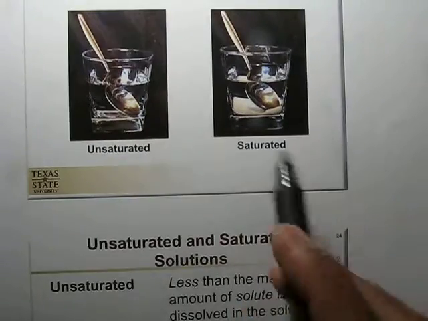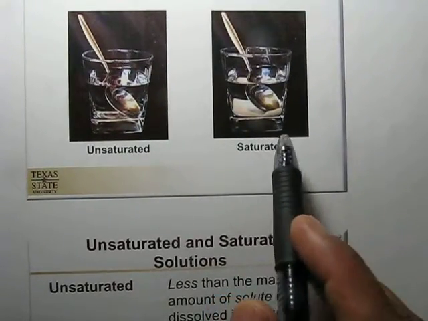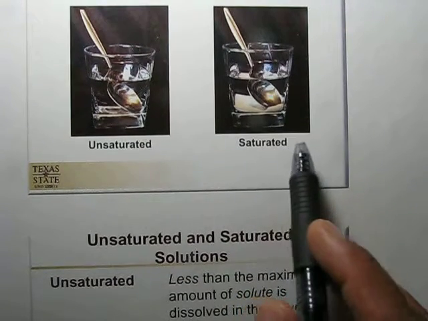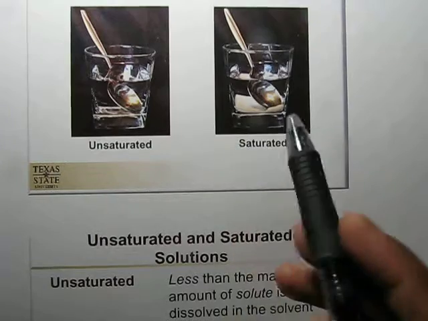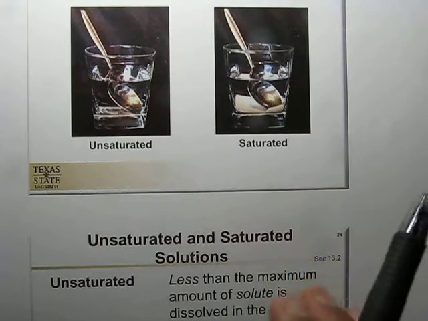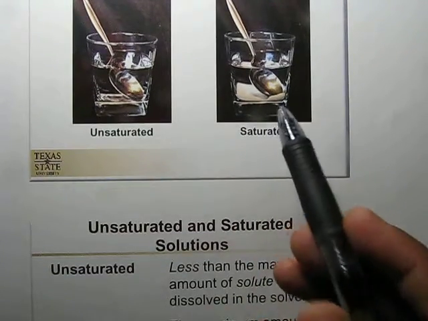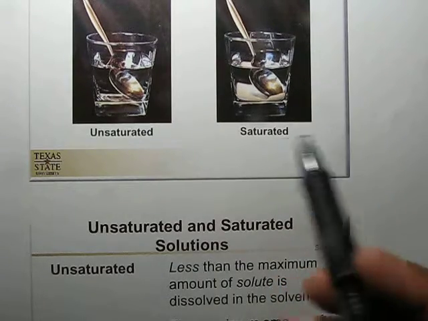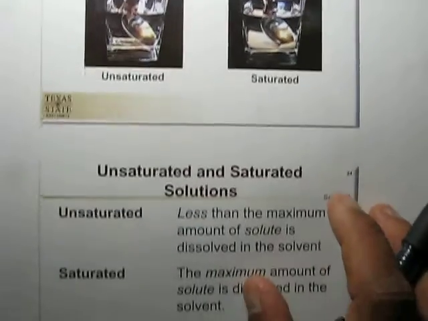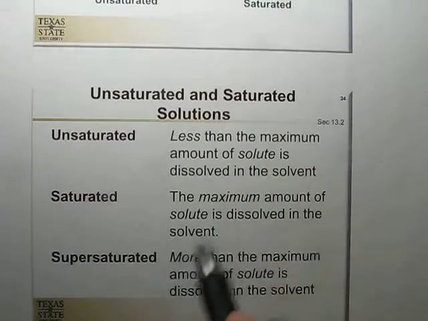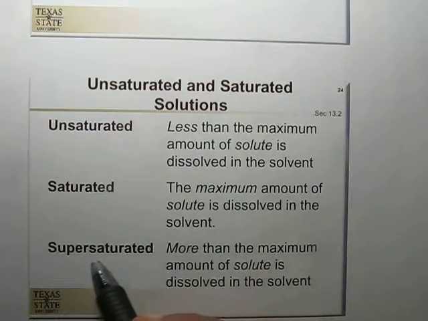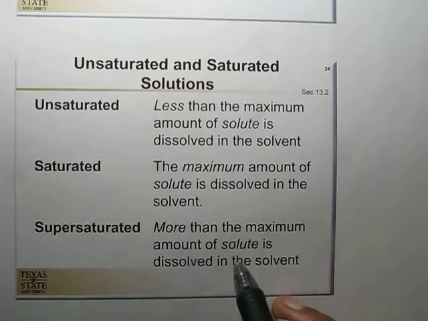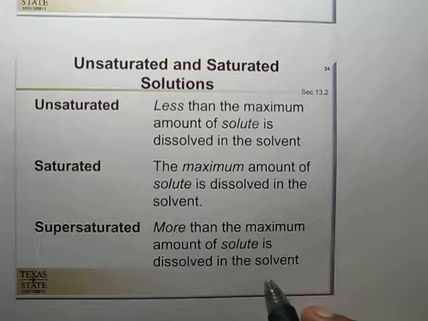Suppose you heat this solution after adding the 5th or 6th teaspoon of sugar into water, you can dissolve more and more, and it becomes more and more concentrated. By continuously heating and dissolving, you are making a supersaturated solution, where more than the maximum amount of solute is dissolved in the solvent.